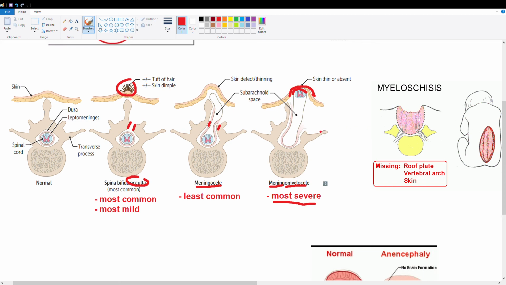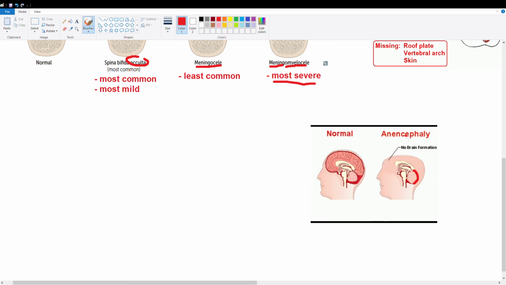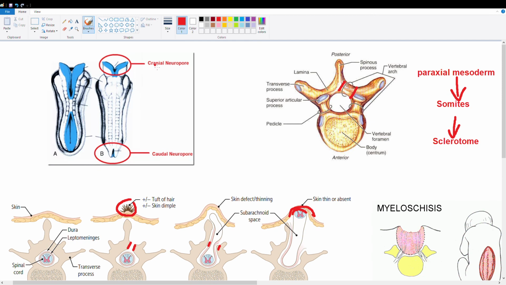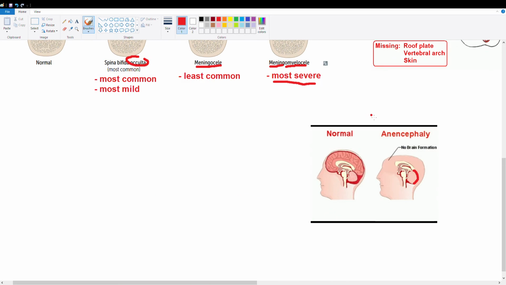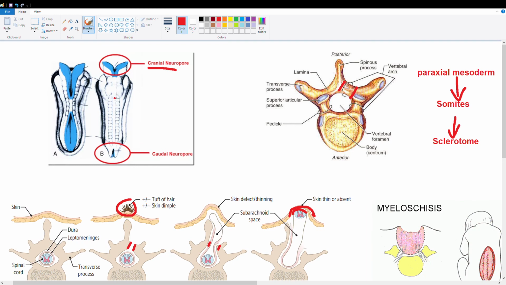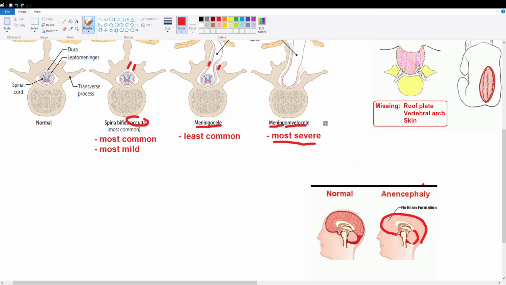So next, let's talk about anencephaly. So this is when the cranial neural pore fails to close. So this happens around day 25, and we're going to get lack of formation of the most apical portion of our neural tube, which is called the telencephalon.